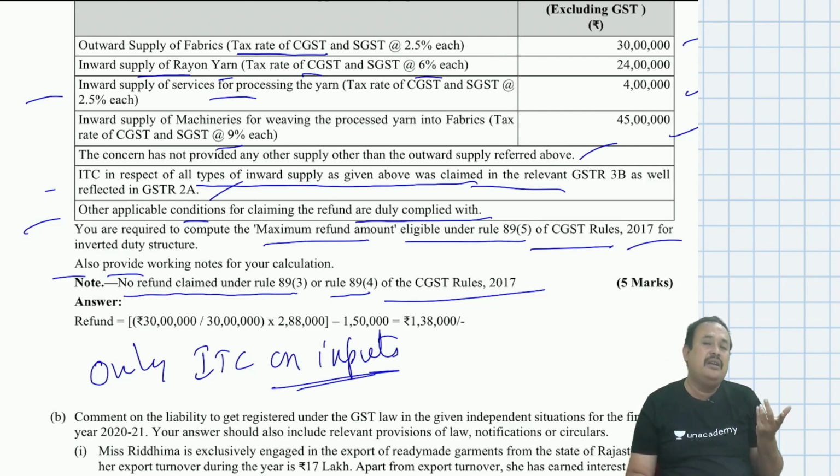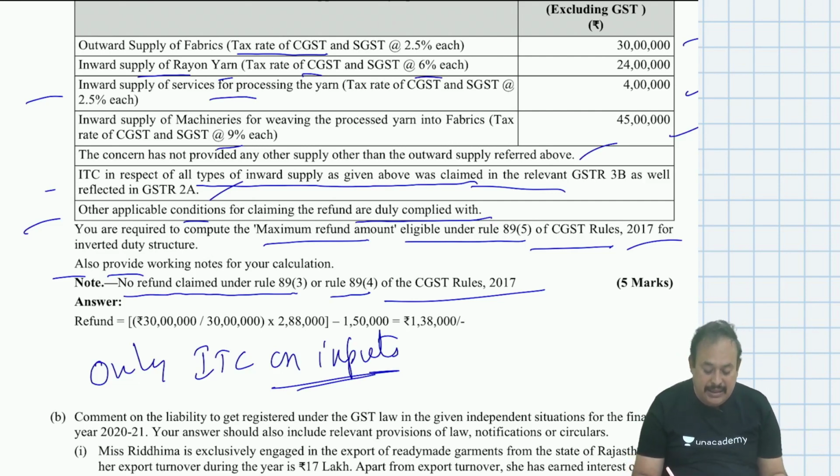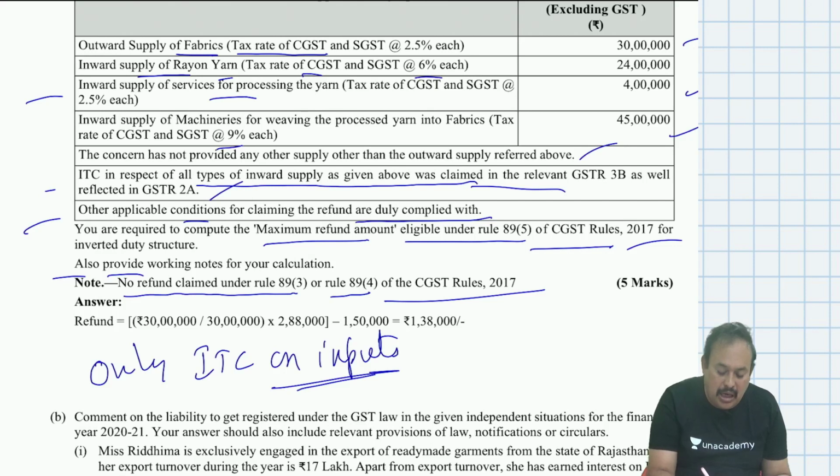Shortfall, no refund. Meaning thereby, in the given case, what is my inverted supply? Inverted supply of fabric, outward supply of fabric is 30 lakh. Inward supply of input is 6%. 6% is my CGST and SGST. Output tax CGST is only 2.5%.